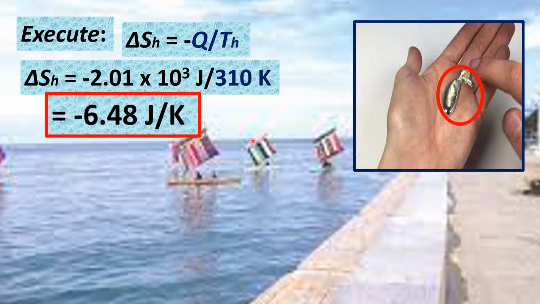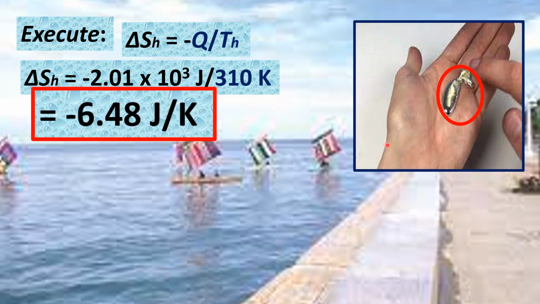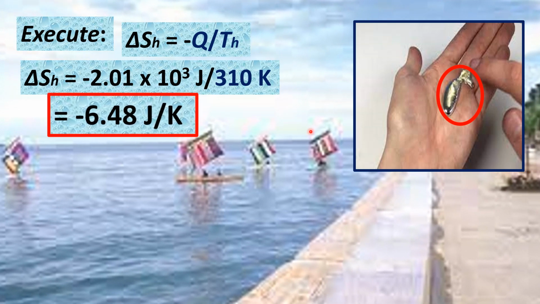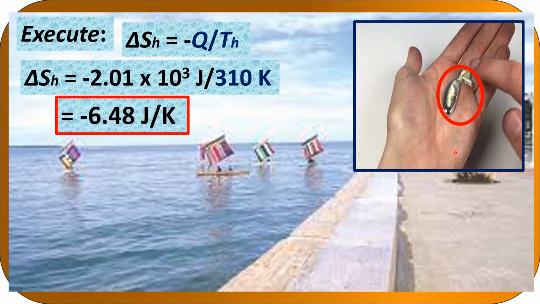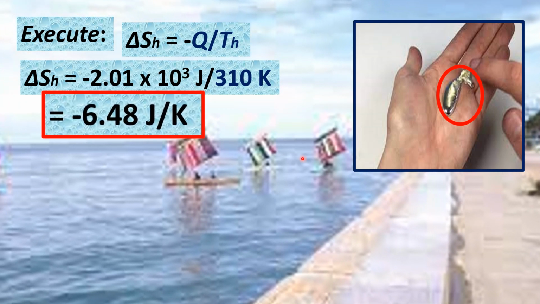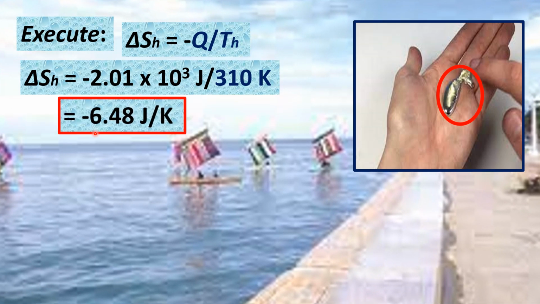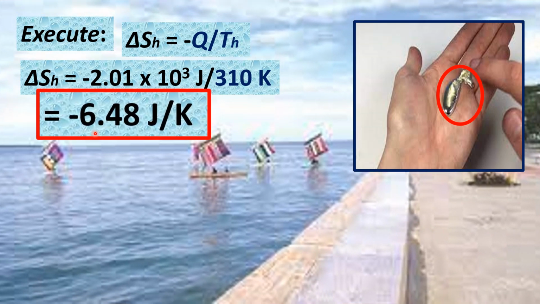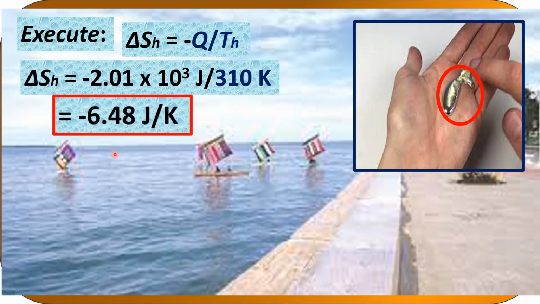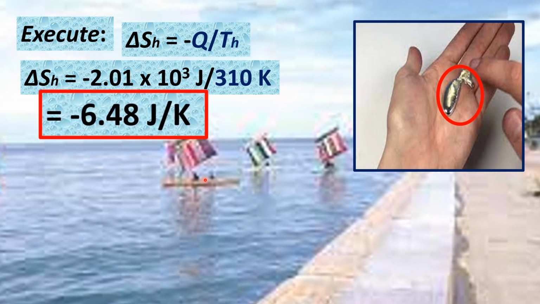Or in a way, we can say that the hand loses an amount of entropy equal to 6.48 joules per Kelvin. So you will notice that the change in entropy for the hand is lower in magnitude compared to that of the gallium metal.